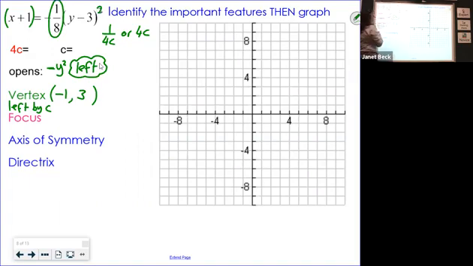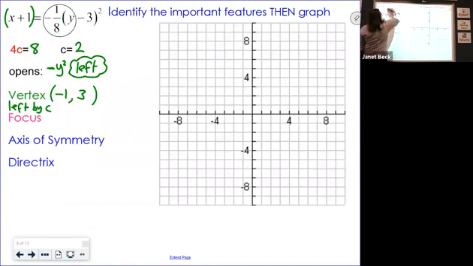I'm on the complicated side, so I've been given that form. 1 over 4c equals 1 over 8. So what must c be? C must be 2. 4 times 2 is 8. And 4c must just be 8. Okay?